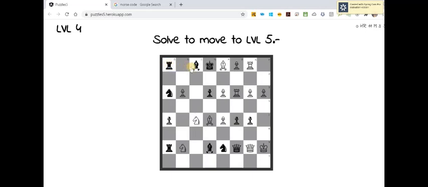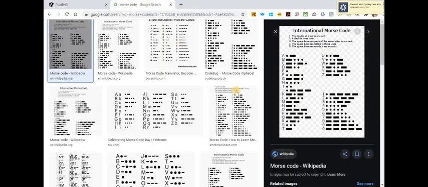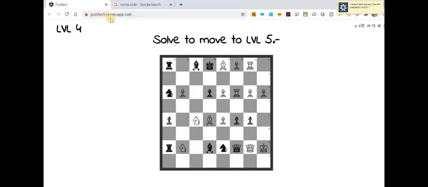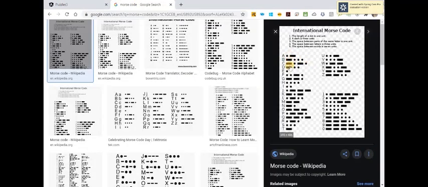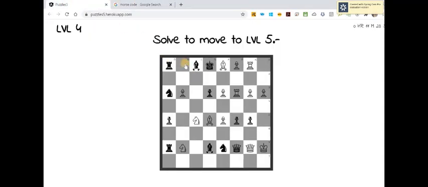So dash, space, dash dash, and then 3 dots. If we check this out, is there something that helps with the solution? There's a dash, space, and dash, space, 2 dashes.